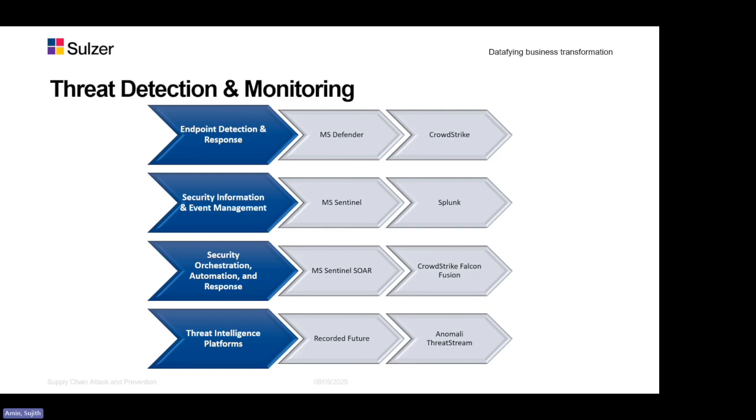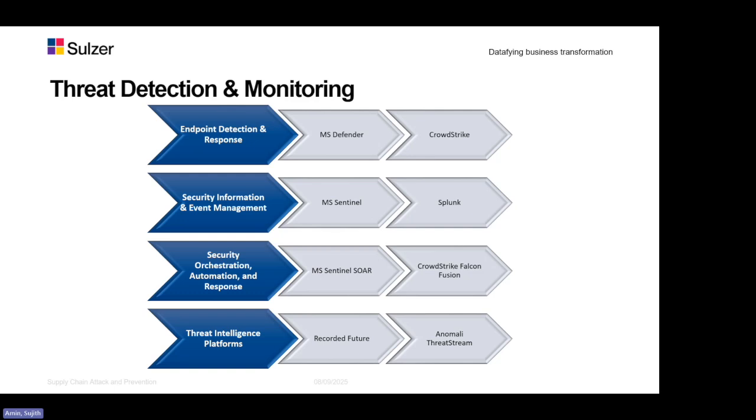Similarly, you can see the two tools, MS Sentinel and Splunk, which are used for security information and event management, SIEM. And MS Sentinel SOAR and CrowdStrike Falcon, these two tools are examples for security orchestration, automation, and response.